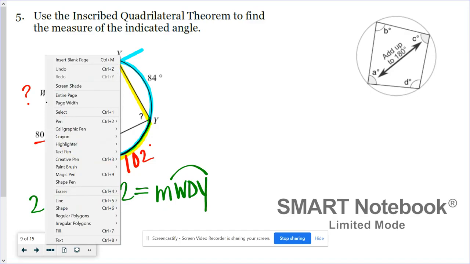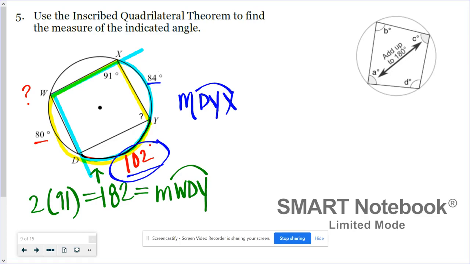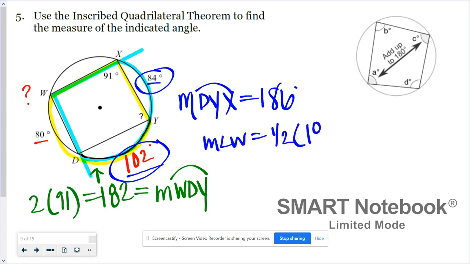I know the measure of DYX exactly because it's made up of this 102-degree arc and this 84-degree arc. So arc DYX is 102 plus 84, which is 186. That means angle W is half of that, because the angle is half of the arc. So angle W is 93 degrees.